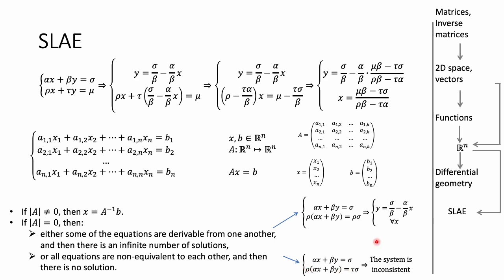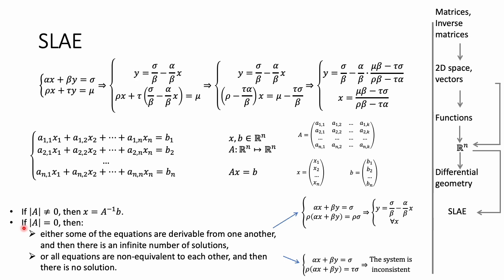In this case, there are just no solutions at all. No x and y can satisfy these constraints, and this feature shows a great importance of determinant.